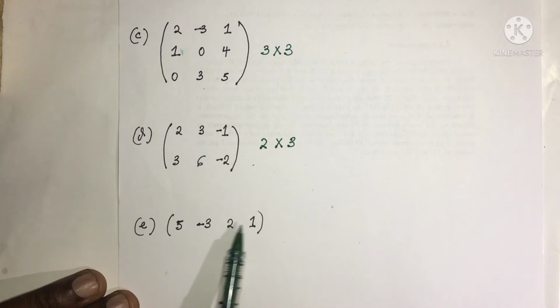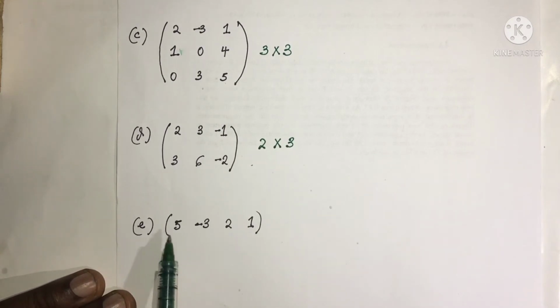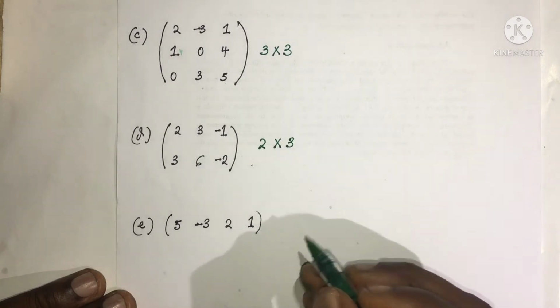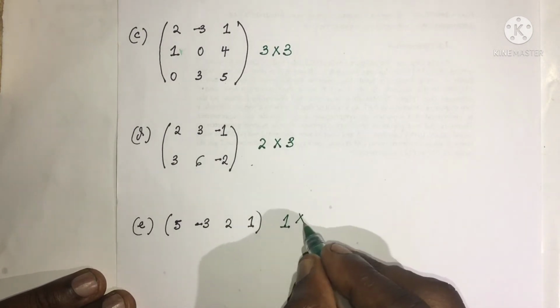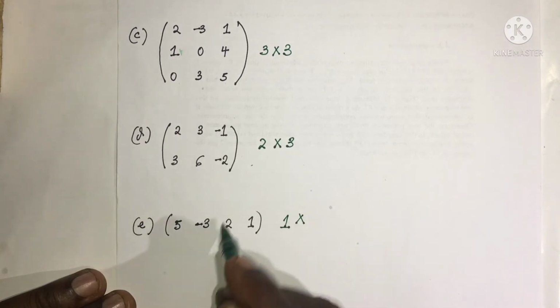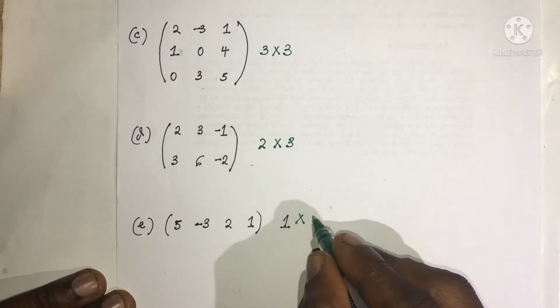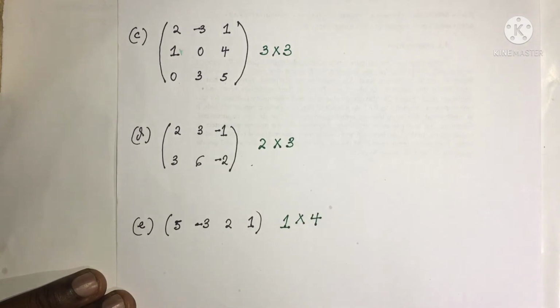This matrix is a row vector or a row matrix, and that is because it has just one row. So I'm going to write here one row by how many columns? 1, 2, 3, 4. So the matrix is of order 1 by 4 since it has one row but 4 columns.